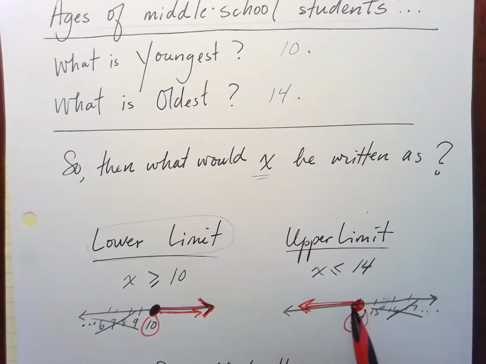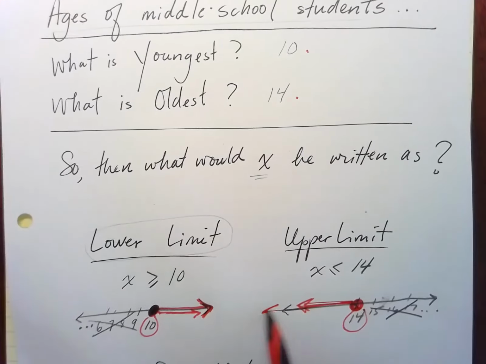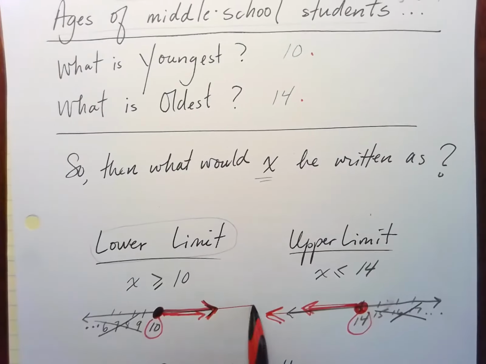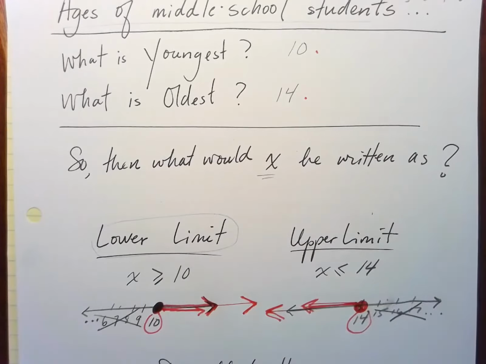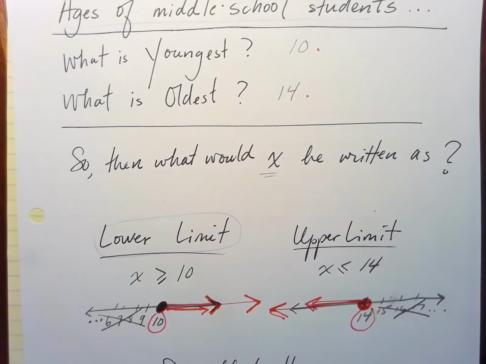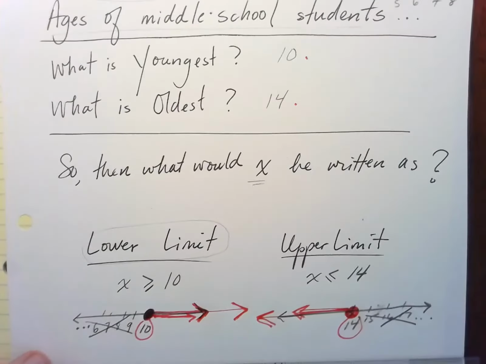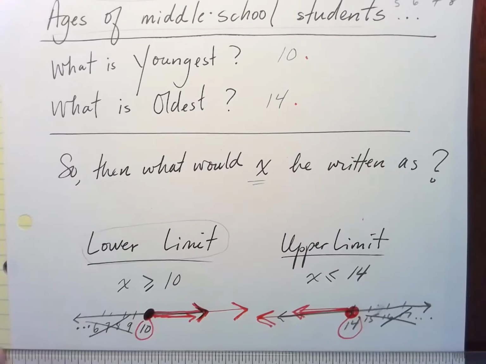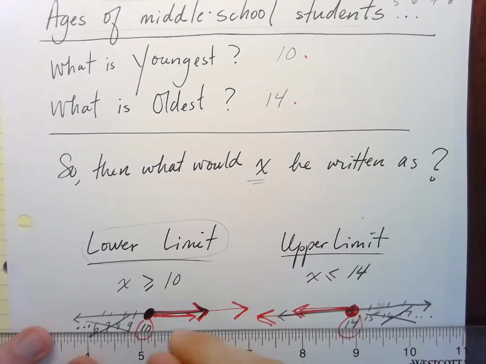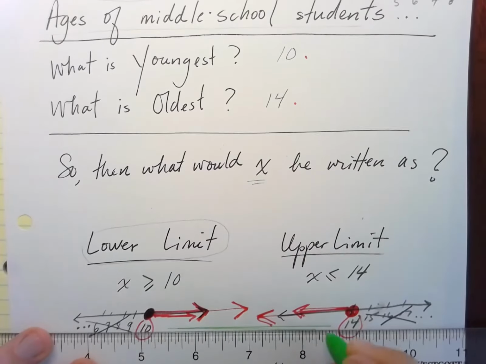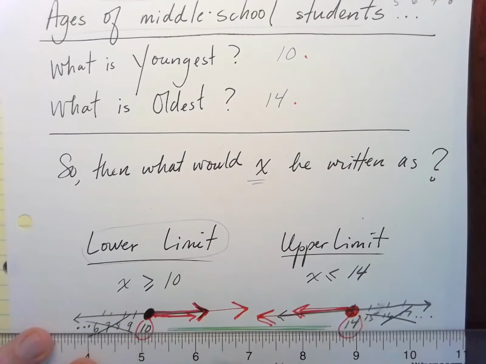But then notice that it has to go this way from the upper limit, and it has to go this way from the lower limit. And as you can kind of see here, what's happening? Well, I'm just going to extend this graph, and let's just do this in green so we can see the difference here. Let's extend this graph right here and go across a little bit thicker.